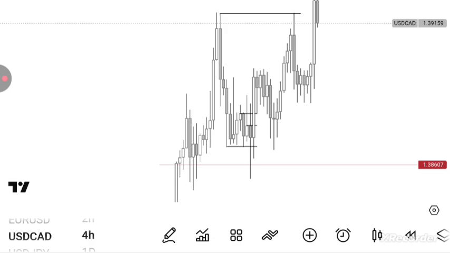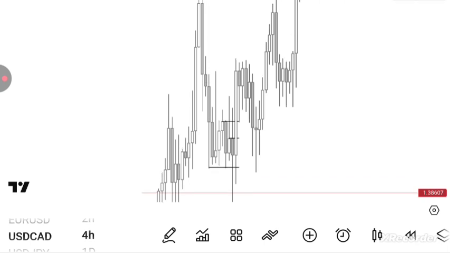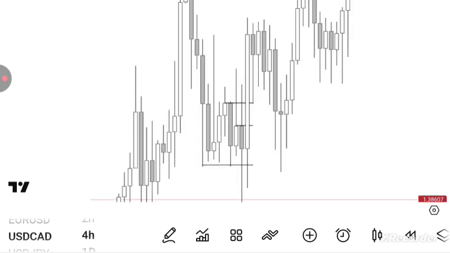Whenever we see a breakout, it further confirms that break of structure. So after a break of structure, we want to see a breakout, because that breakout further confirms the direction of that break of structure.